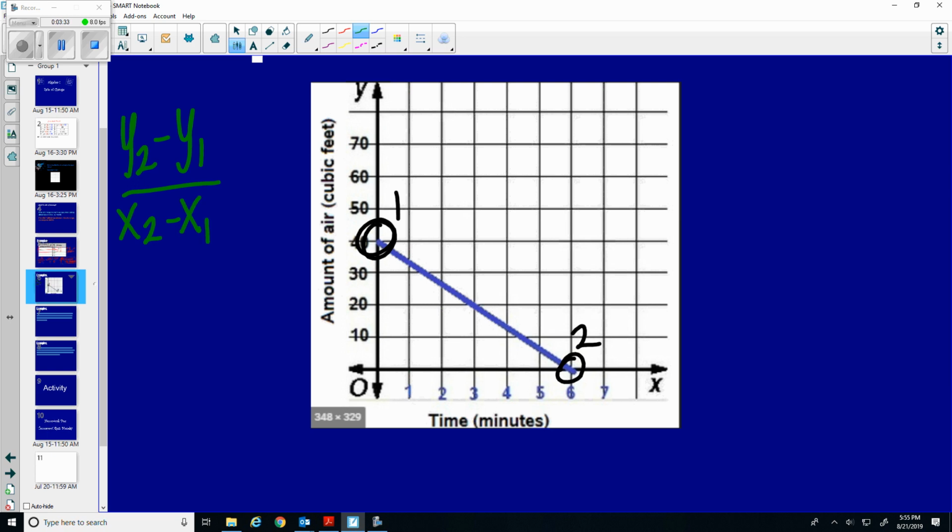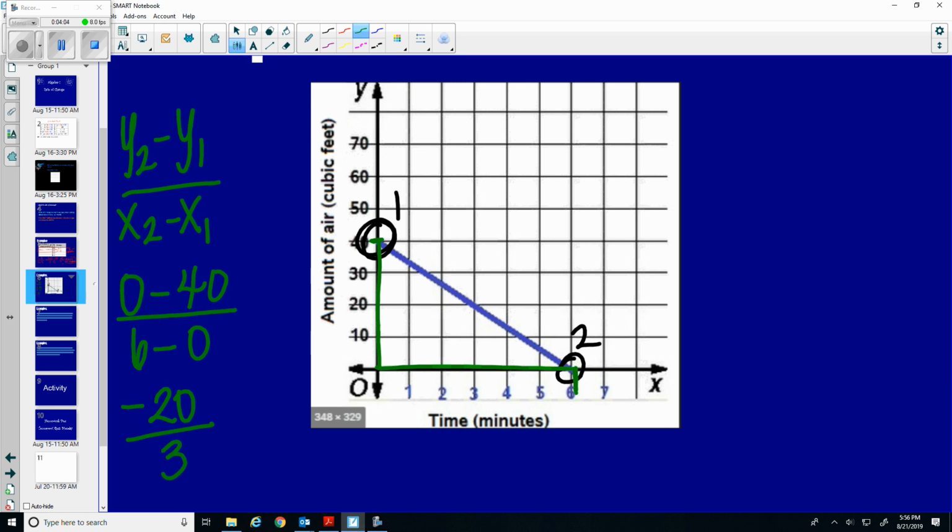What is the y value of my second point? It is 0 minus the y value of my first point, 40, over the x value of my second point, 6, minus the x value of my first point, which is 0. When we do this, we get negative 20 over 3 in our calculator.